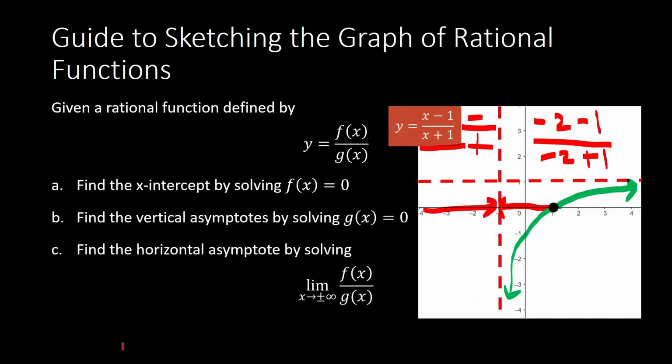So your graph is above the horizontal axis. So as x approaches negative 1 from the left, your function goes to positive infinity. And then as x approaches negative infinity, your function approaches the horizontal asymptote y is equal to 1.